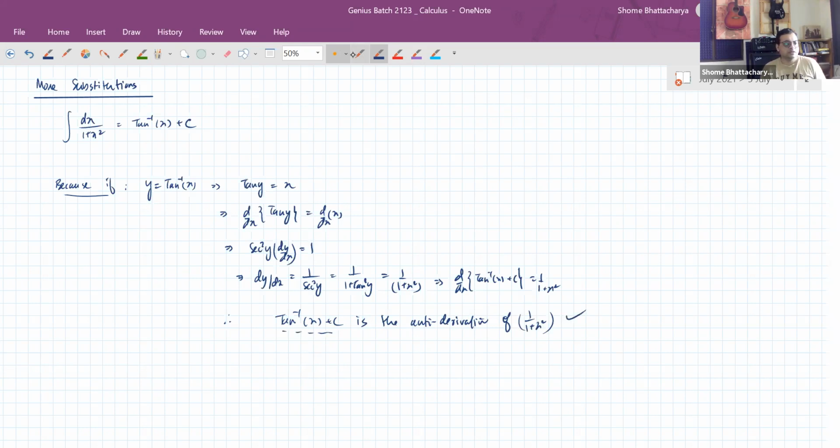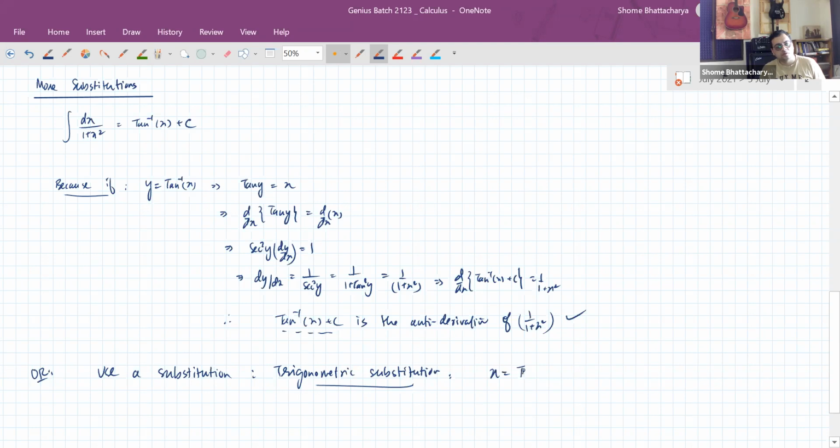Or another way is that we use a substitution. And this time we use a trigonometric substitution, that x is equal to tan theta.